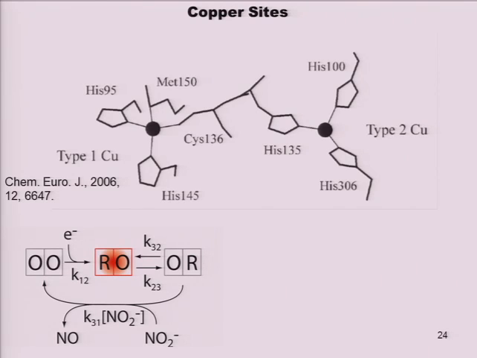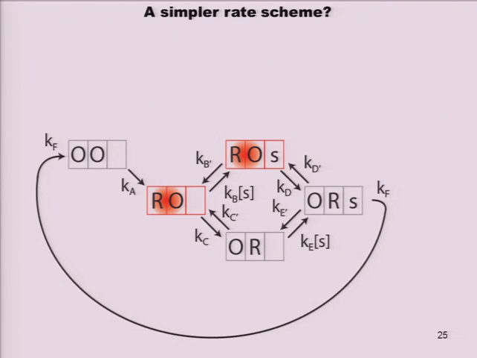In this model, I have electron transfer, then binding. This model is not flexible enough to model what I need to do. And so I then move on. I'm going to call it a simpler model, even though it doesn't look simpler. Here, I explicitly treat substrate binding. So I added a third box, which is either filled with an S or empty.